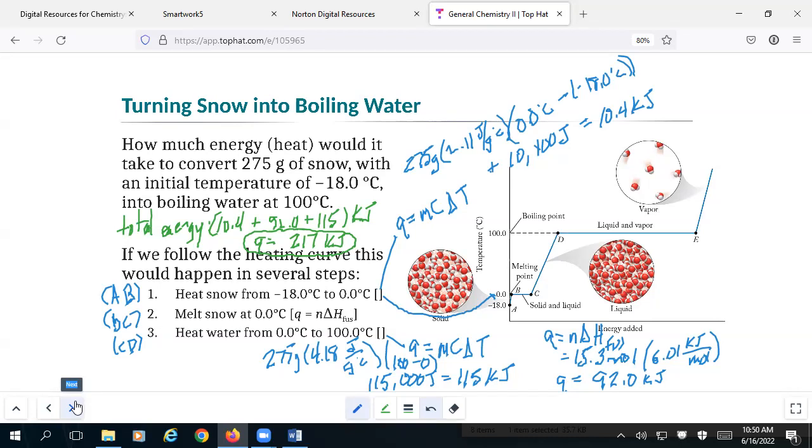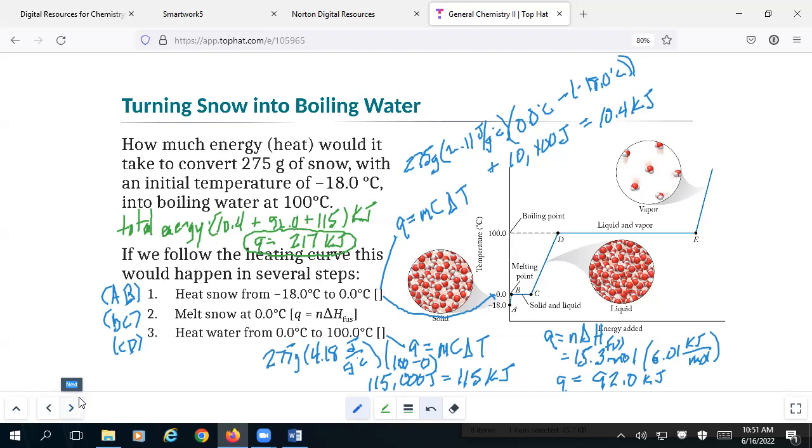If we're going from gas to liquid or from liquid to solid, that heat of fusion will have the exact same value, just the opposite sign. So heating curves, all of your Q's should be positive. Cooling curves, all of your Q's should be negative.